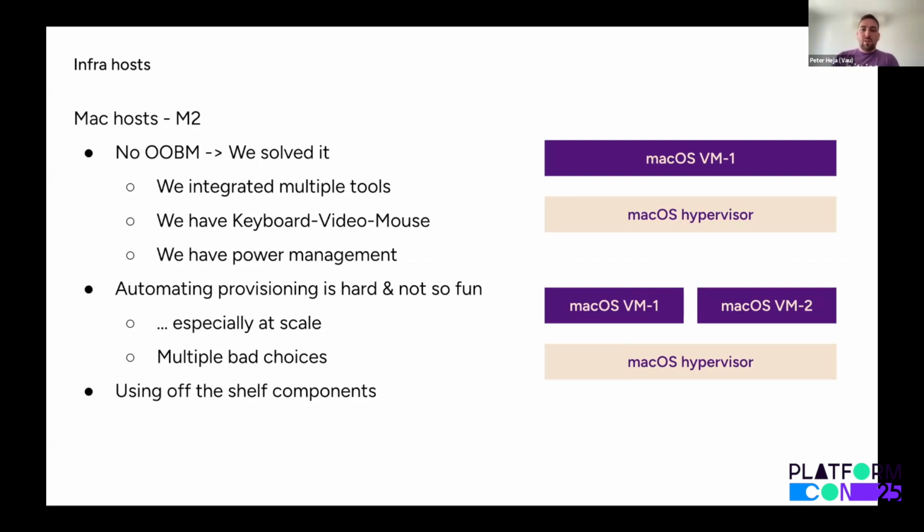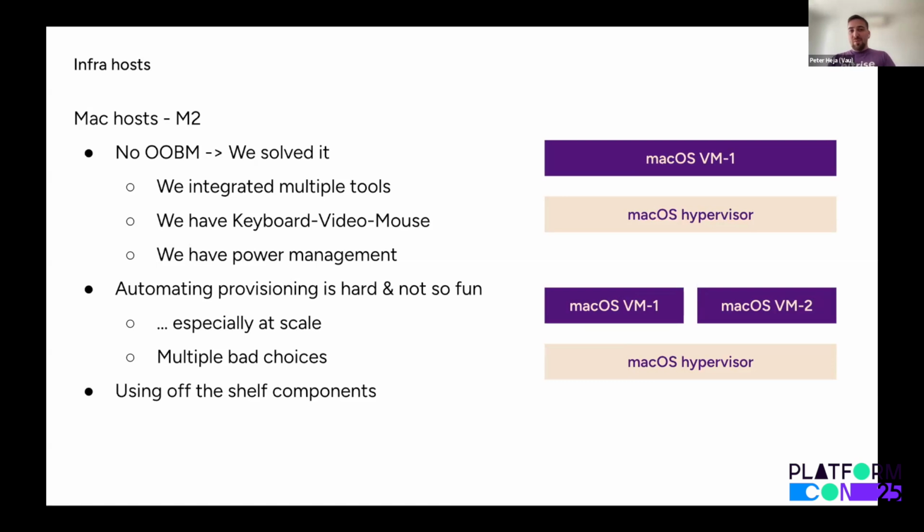What we did is we started integrating multiple solutions together, and what it provided us is a KVM, a keyboard, video, mouse, to each and every Mac that we are running in our environment, which is great because then whatever happens, you can still interact with your Mac minis.